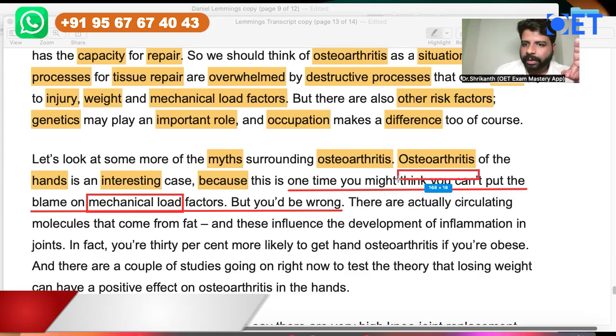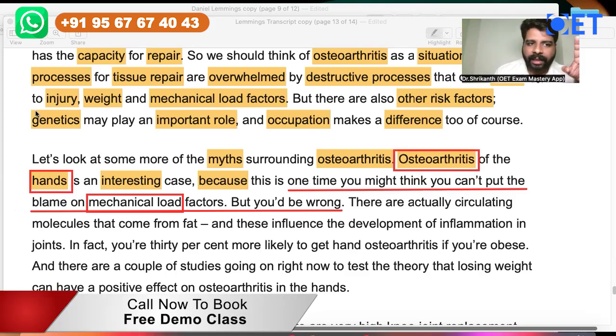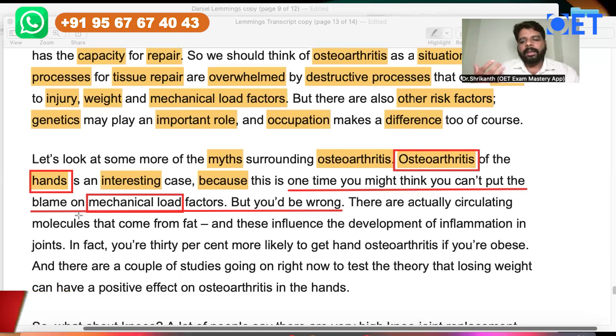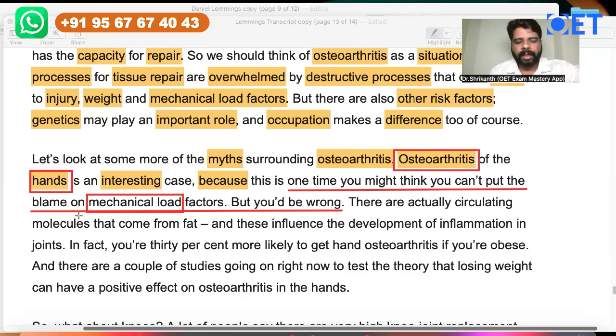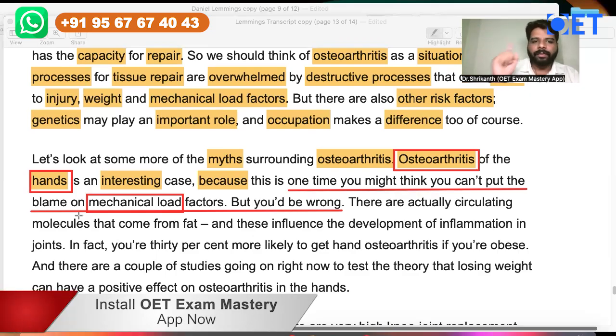Osteoarthritis of the hands is an interesting case to him because this is one time you might think you cannot put the blame on mechanical load factors. Blaming means pointing fingers. Like, you broke the iPhone, or you broke that flower vase. Blaming means pointing fingers.